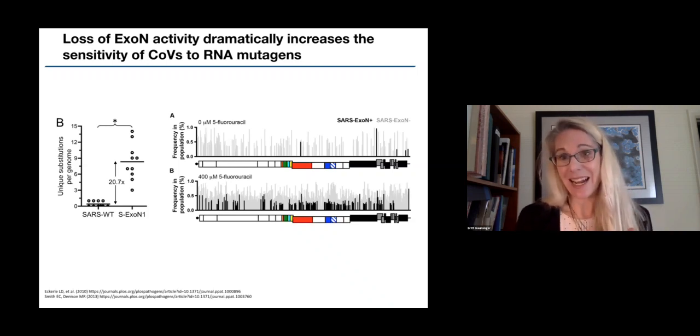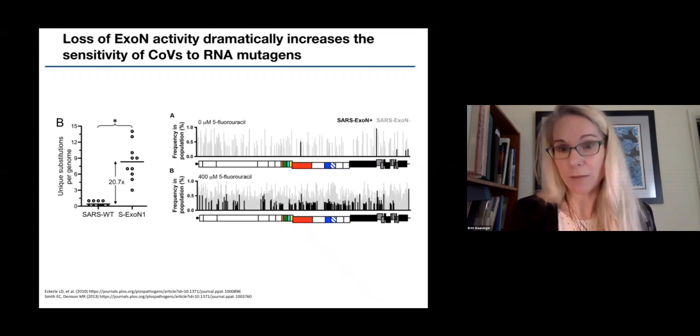Furthermore, this sensitizes the virus to RNA mutagens, and the particular mutagen used in this experiment was 5-fluorouracil, which of course increases the mutation frequency even of the proofreading wild-type virus, but dramatically increases the mutation frequency of the ExoN mutant virus as well.